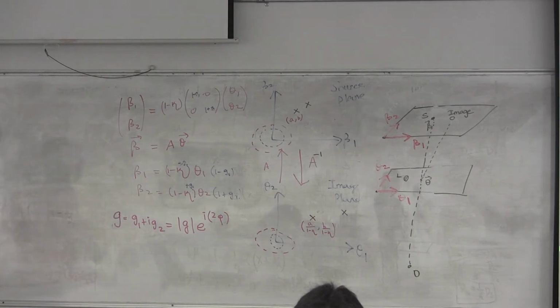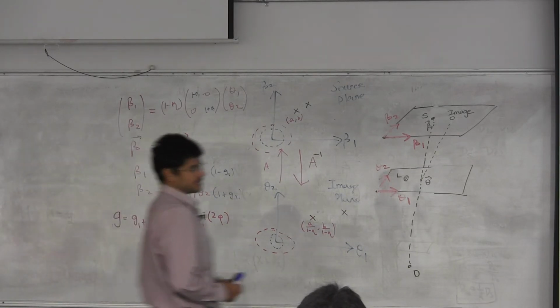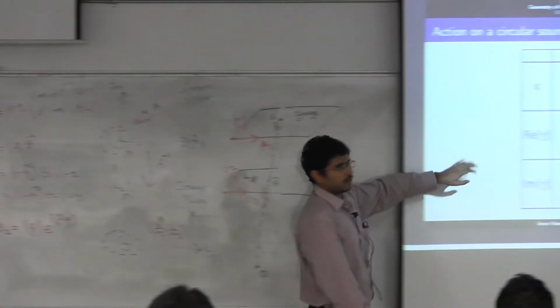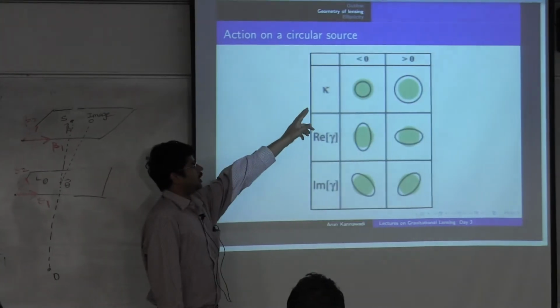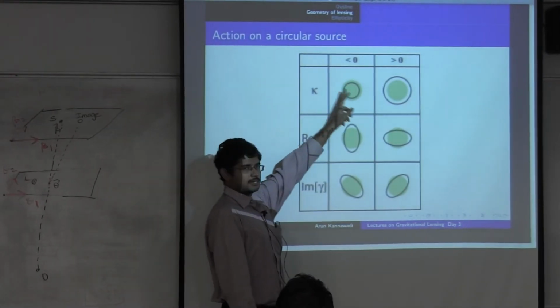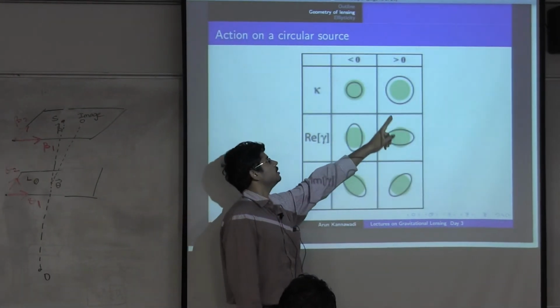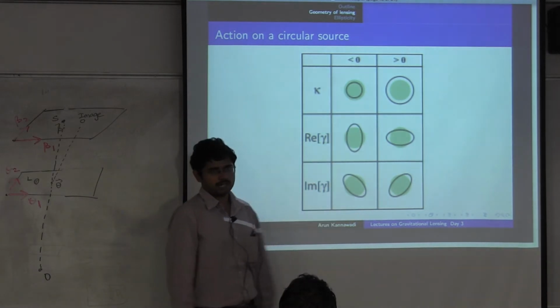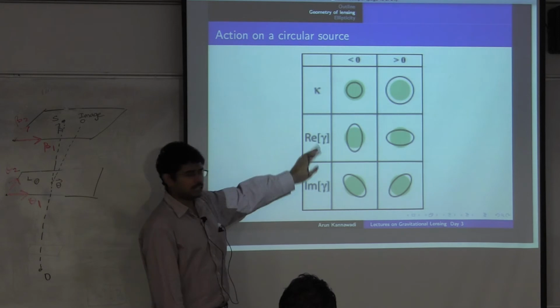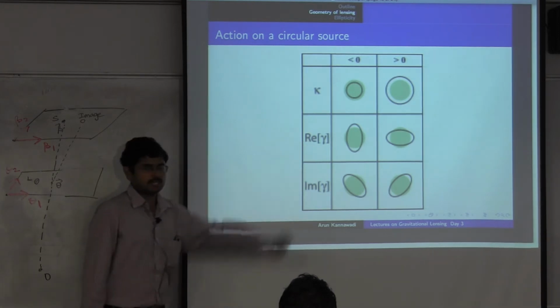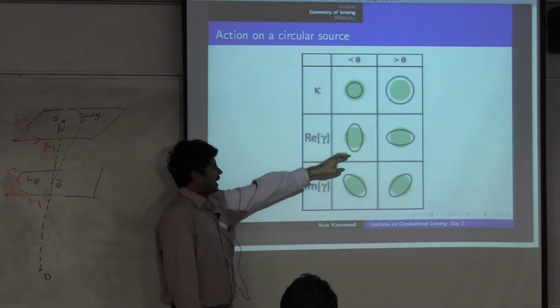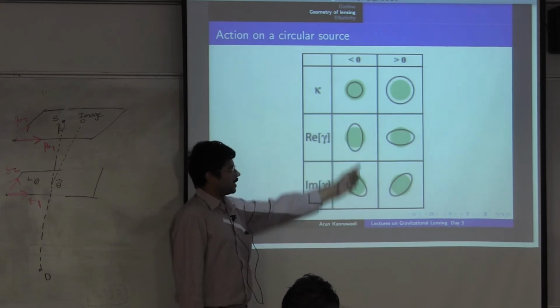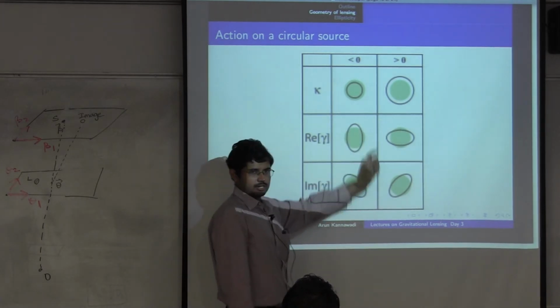So here's another easy way of seeing this. This is exactly what I said. With kappa, the shape remains the same. A circle remains a circle, but it can get stretched or contracted depending on the sign of kappa. And with gamma, or gamma 1, which is the real part, it can either get stretched along the vertical direction or along the horizontal direction.